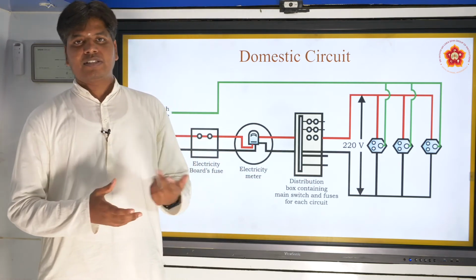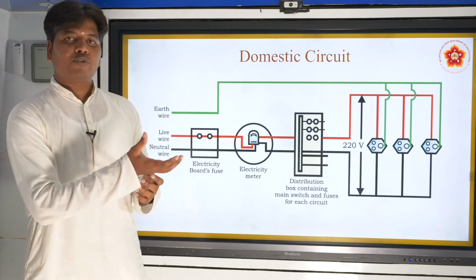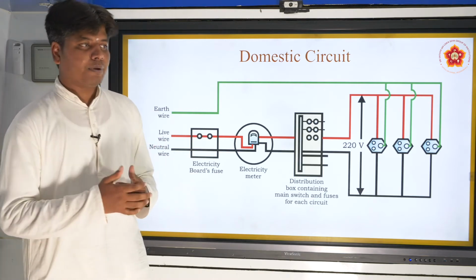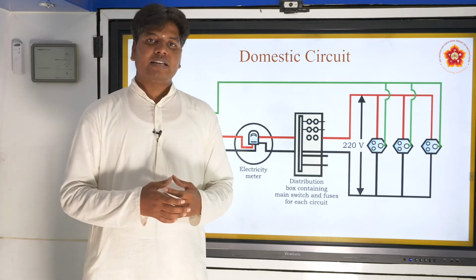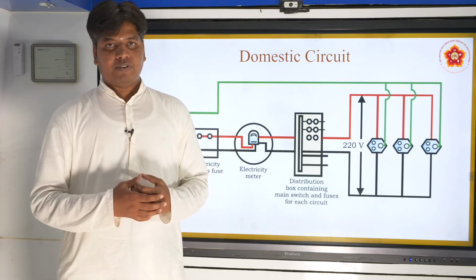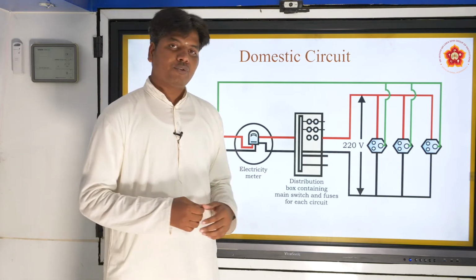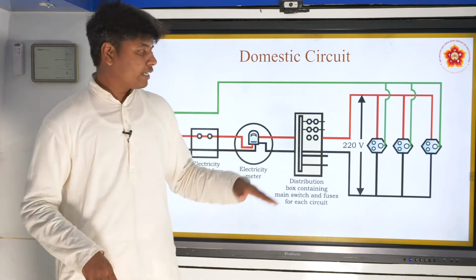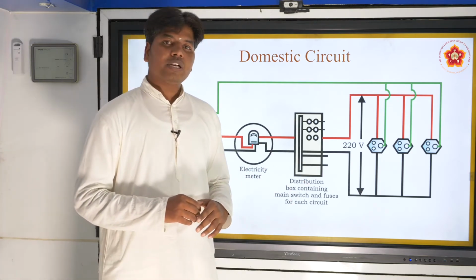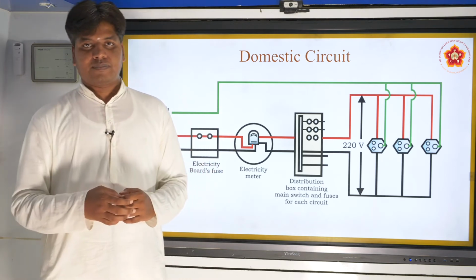For high power rating devices, we use it for geysers, refrigerators, everything, because they want more current, their power is more. For example, if a heater has 1000 watt power, and we are supplying 220 volts, let us take 200 volts, it needs 5 amps of current.